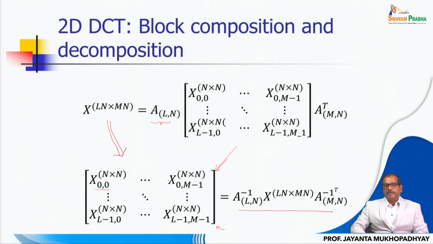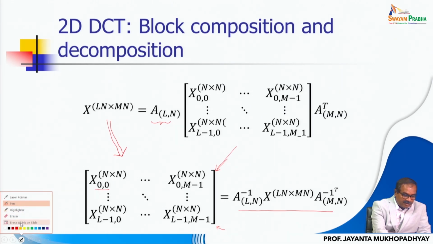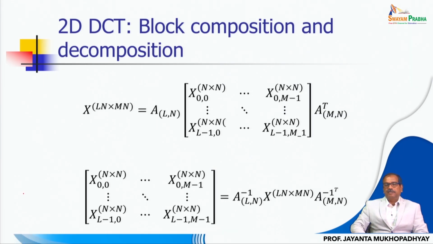So these two operations are very fundamental operations for DCT processing, because as you know, in our compressed domain only a particular block size is specified. For example, 8 cross 8 is what is used for JPEG compression, but for video compression there are macro blocks also.